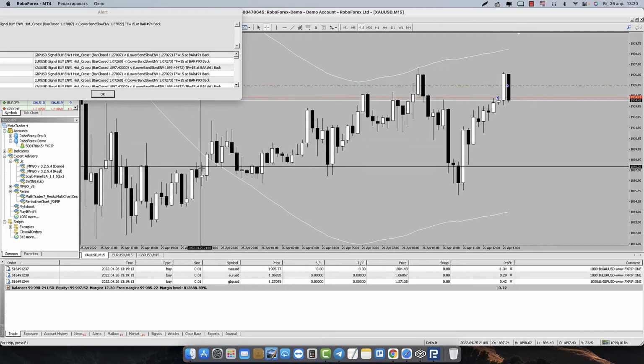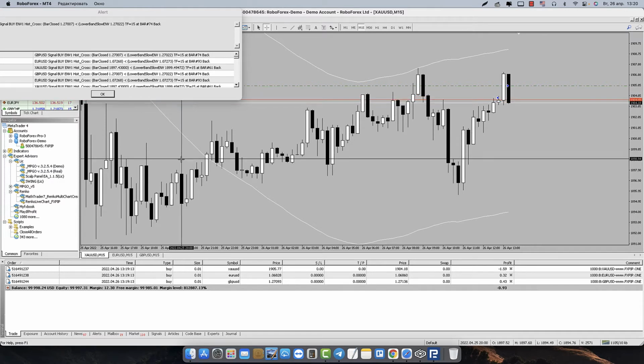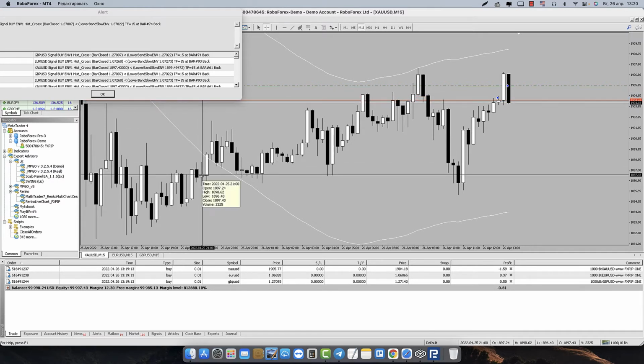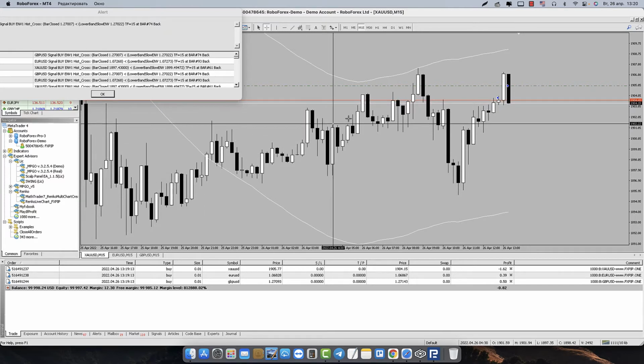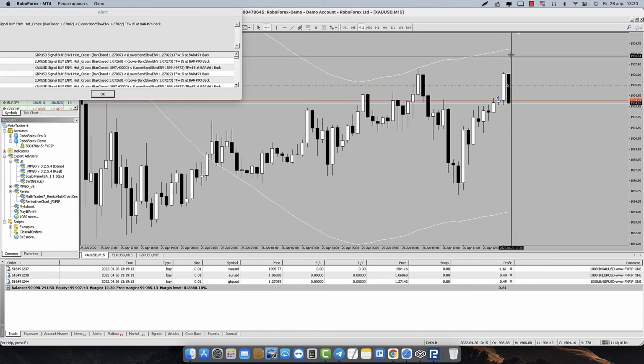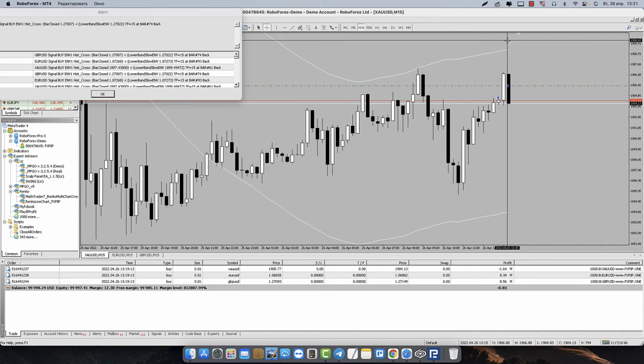It's correct, and it tells us this bar's price closed at 1897. All correct. This is a buy signal for XAUUSD, and the robot will keep that buy signal until some bar closes, or the current price is higher than the upper band of the envelope.